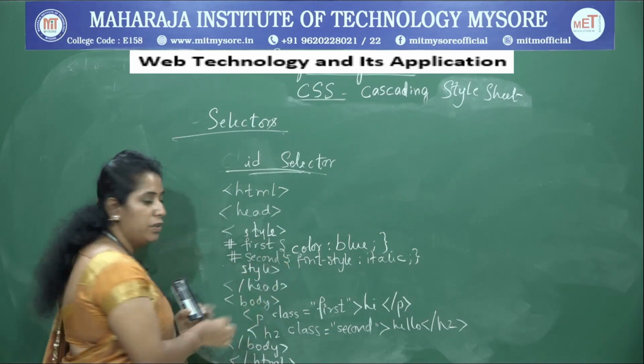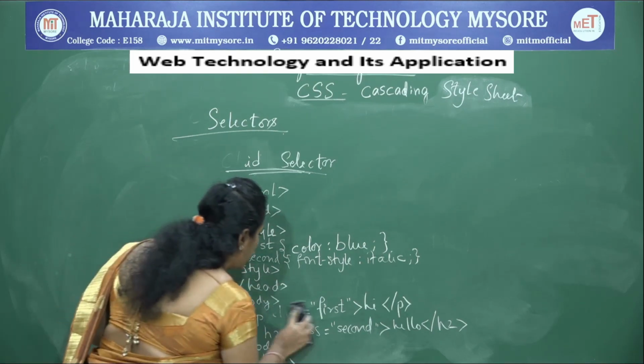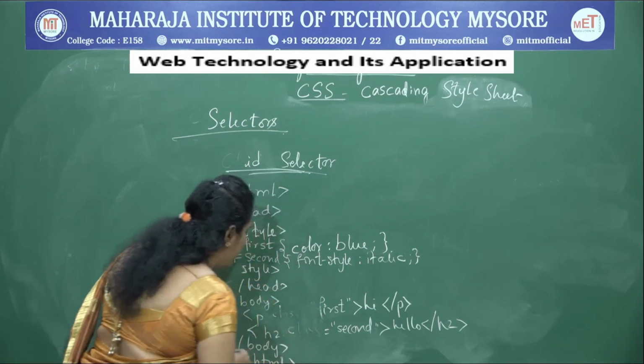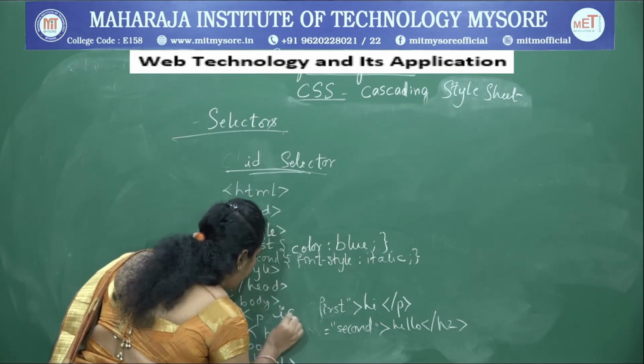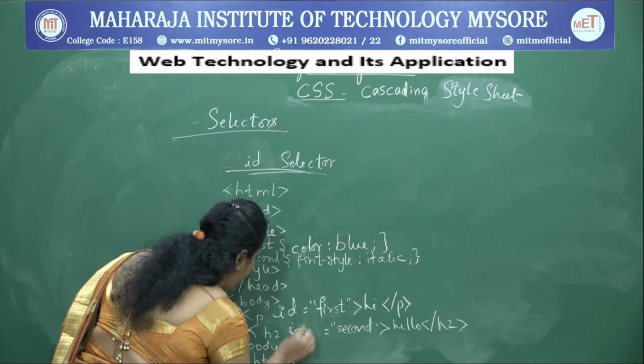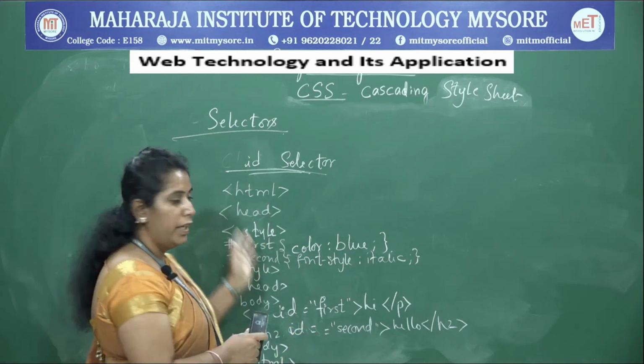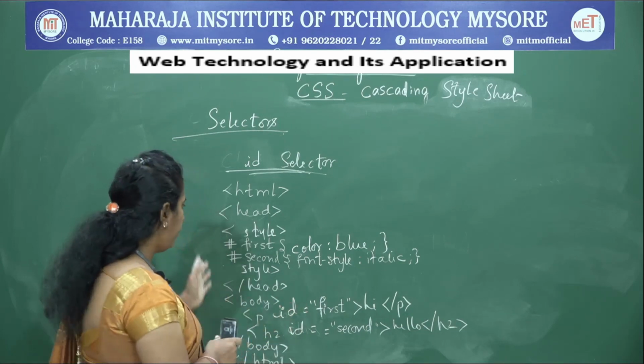So now this becomes ID. So here, what changes do you have to make? Tell me. ID equals first. Here ID equals second. Getting everyone?